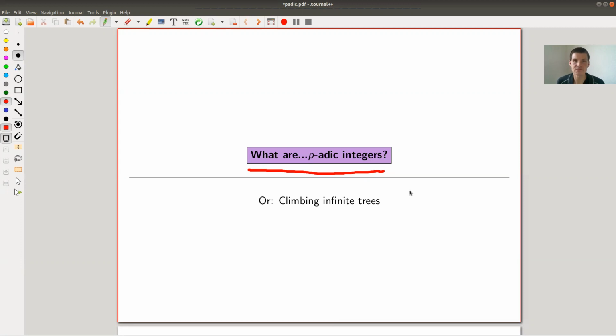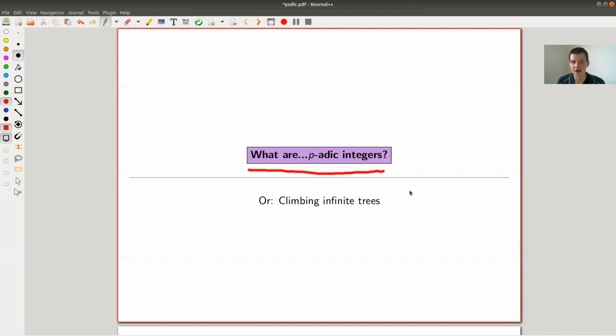We will see. And yeah, they also then turned out to be extremely useful in other parts of mathematics. And nowadays we have something like p-adic analysis, so analysis of the p-adic integers or p-adic numbers. You have p-adic geometry, which has been very popular in the past whatever years, and other flavors of kind of the same thing.